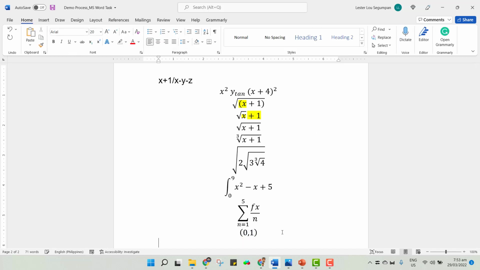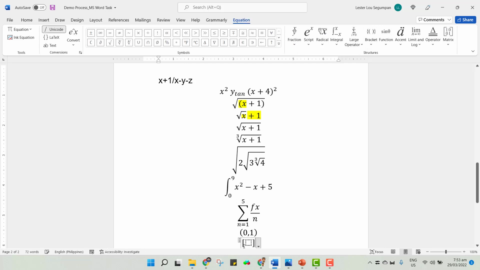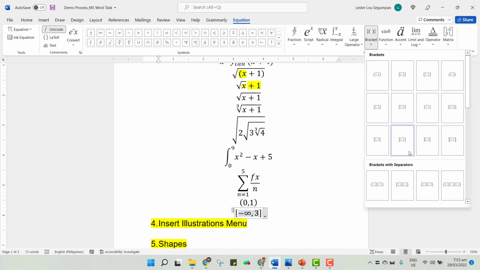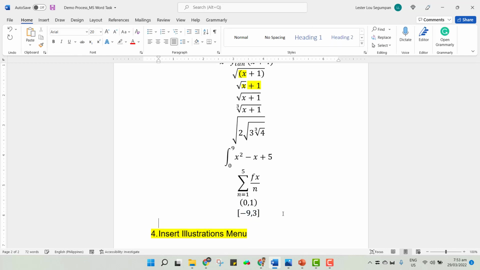You also have here the bracket for the interval notation. We have negative infinity, 3. Wait a minute, I may be incorrect here. The bracket and infinity. So I'm just going to use negative 9 and then 3 for your interval notation.